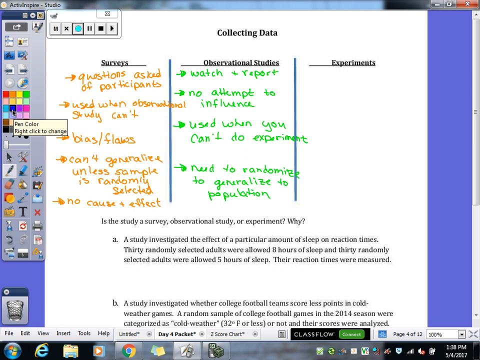And so then our last one, our experiment. The researcher has 2 groups, a control and a treatment.